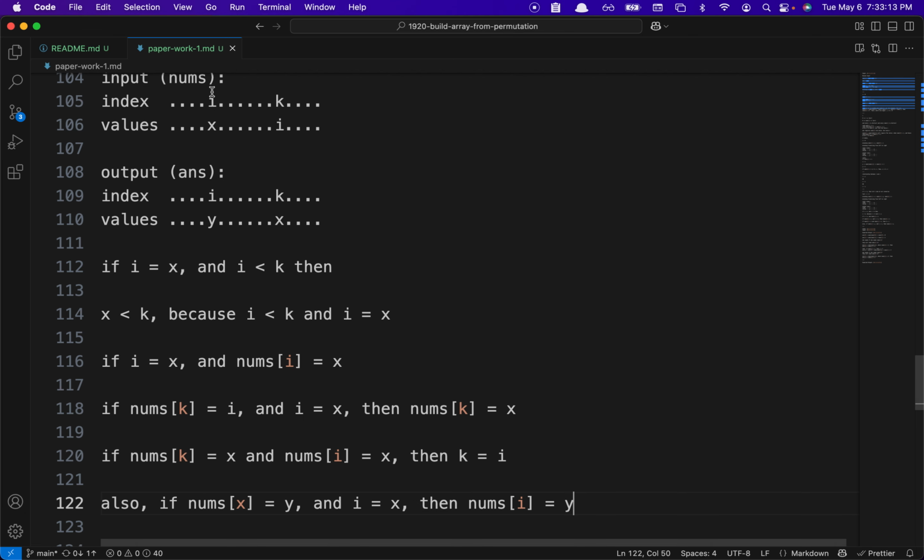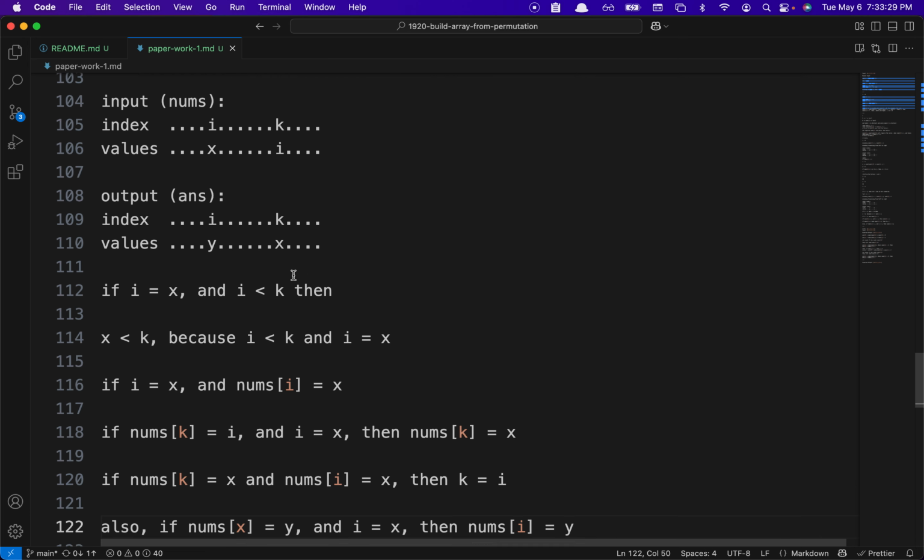If nums of I is equal to y, the nums of y you can't review. We got, it's a mess now.